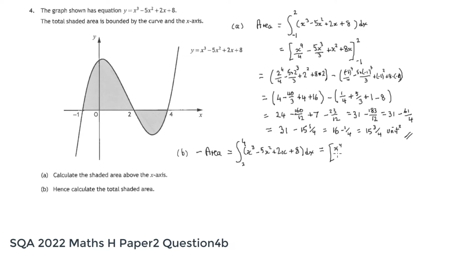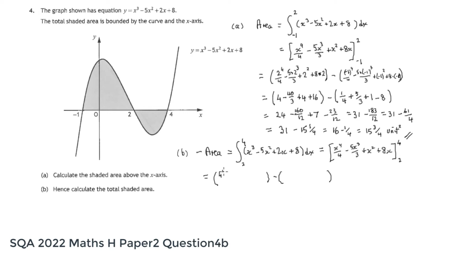We get x to the 4 over 4 minus 5x cubed over 3, and there was a plus x squared and a plus 8x. And this time we have to plug in a 2 and a 4 to find out what goes on. So let's continue with this. I've got 2 brackets now. And in the first one, we're going to substitute 4.